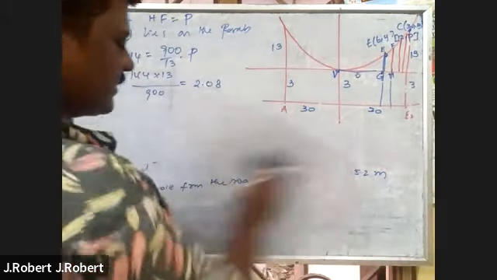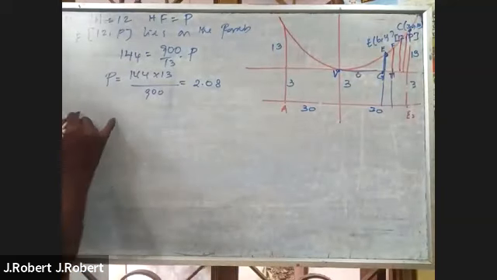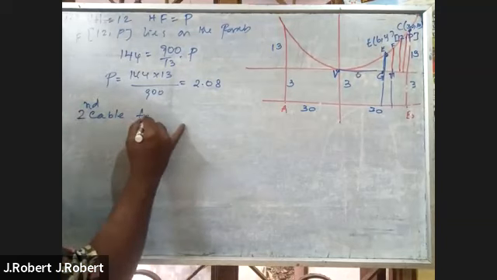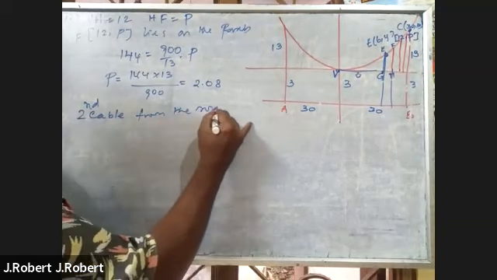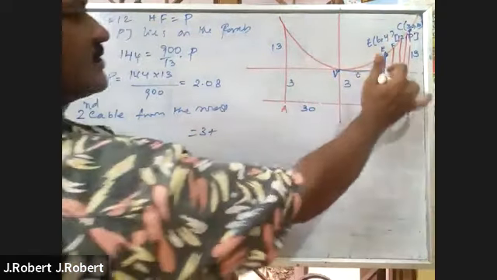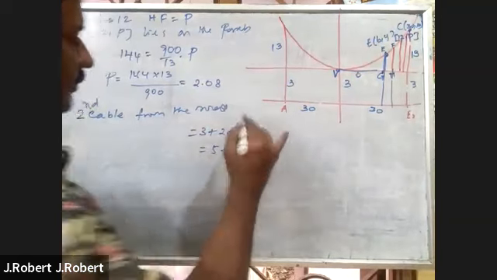அப்போ total distance of the second, total length of the second cable. அப்போ second cable from the road which is equals to already இந்த cable ல இருந்து இது வரைக்கும் 3 இருக்கு, plus extra ஆ நான் கண்டுபிடிச்சது 2.08 which is equals to 5.08.